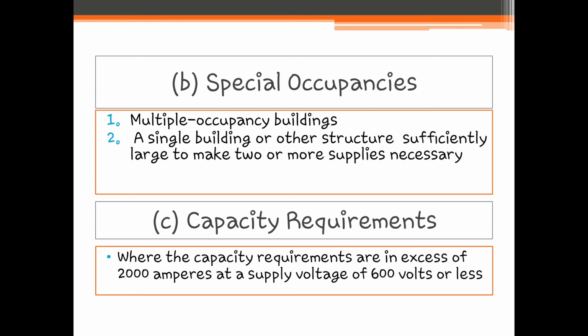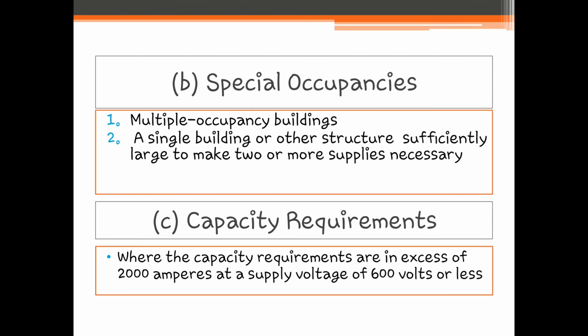Special occupancies. For special occupancies, by special permission, additional feeders or branch circuit shall be permitted for either of the following: multiple occupancy buildings, where there is no space available for supply equipment accessible to all occupants.